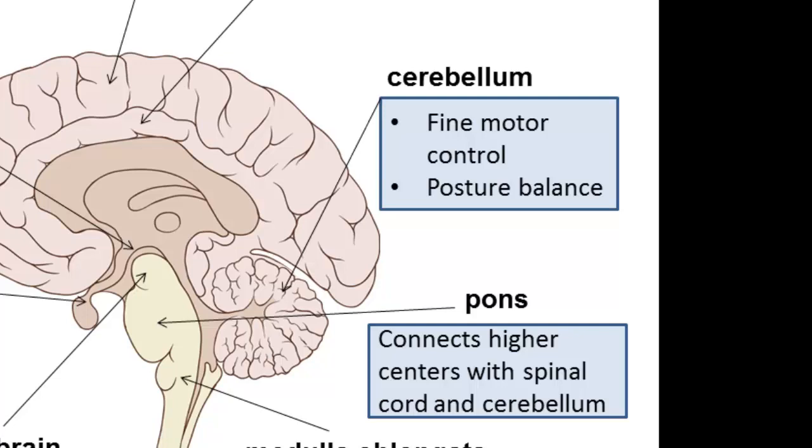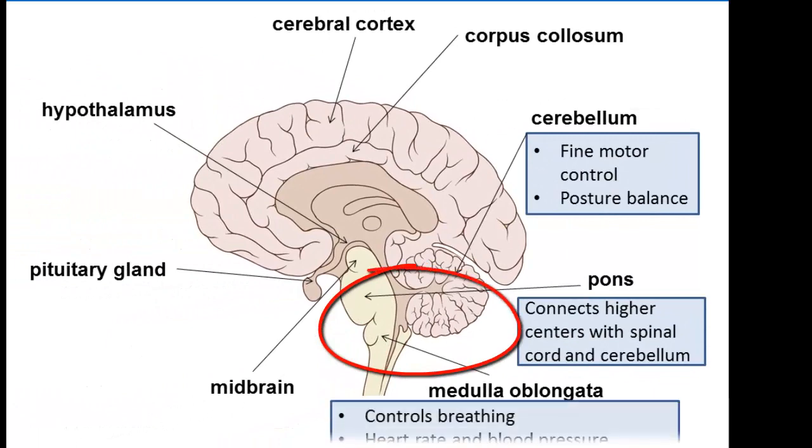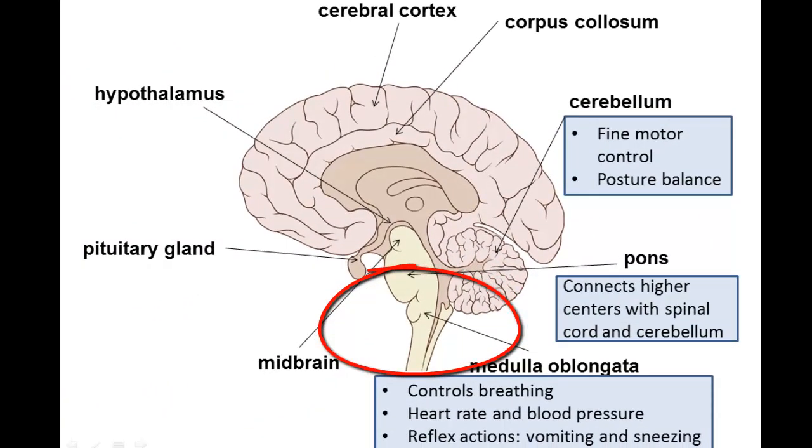There are also fibers that go from the motor cortex all the way down to the spine that go through this area. The medulla oblongata is a very important portion of the brainstem because it controls breathing. It also plays a big role in controlling our heart rate and blood pressure. Damage to this area results in the inability to breathe, as well as difficulty with controlling your cardiovascular system.